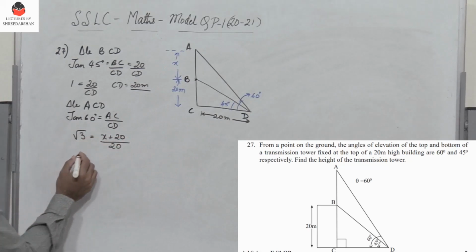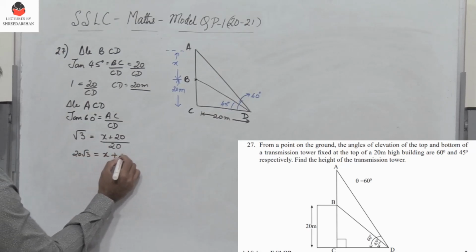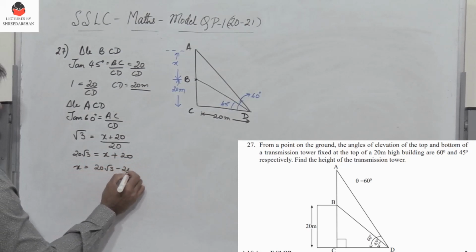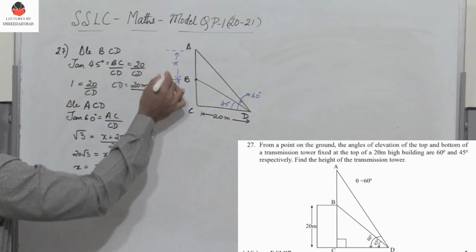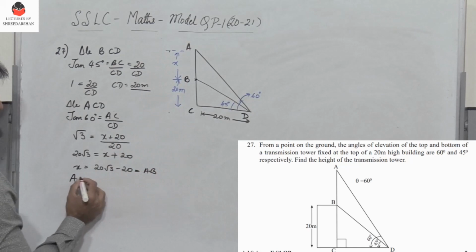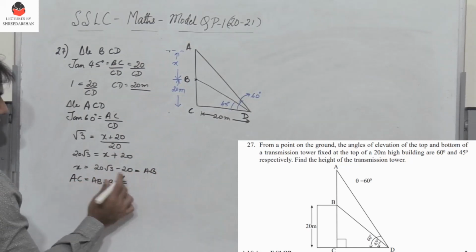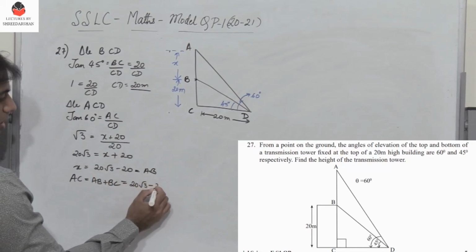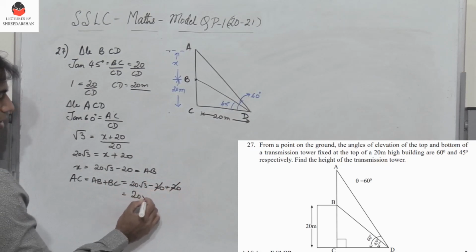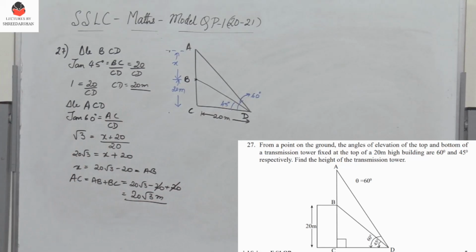Alright, so now we have 20 into root 3 equals x plus 20, or x equals 20 root 3 minus 20. Now I need to find out AC. Now this x is nothing but AB. AC is AB plus BC, which is 20 root 3 minus 20 plus 20. So 20 gets cancelled. So 20 root 3 meters is the height of the tower. So AC is 20 root 3.